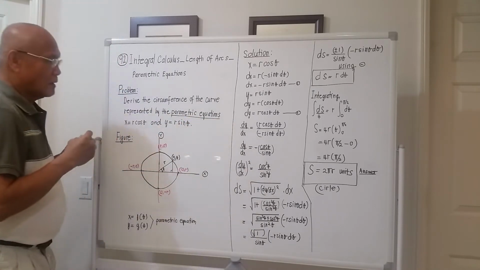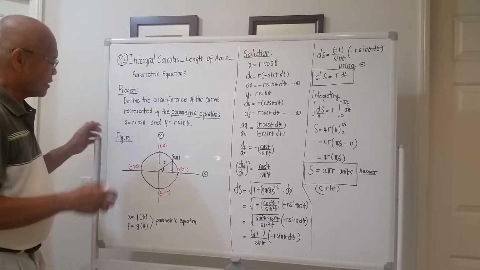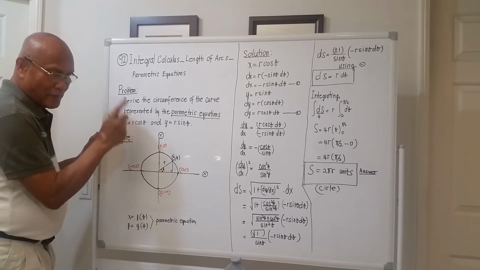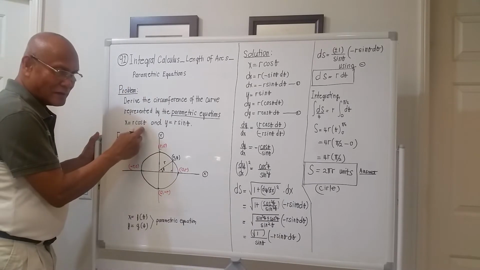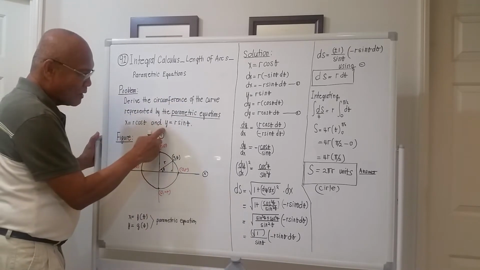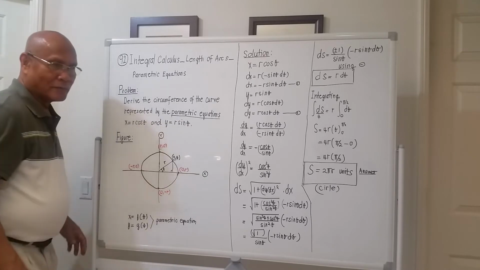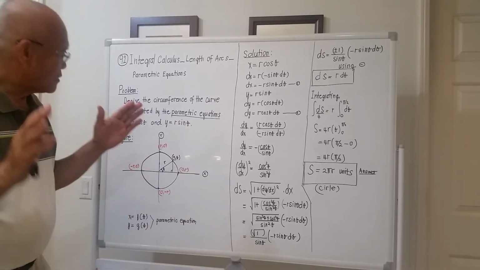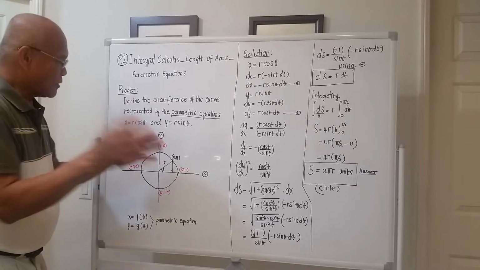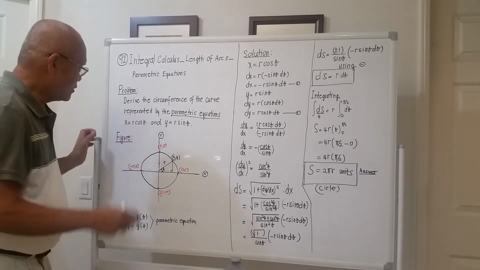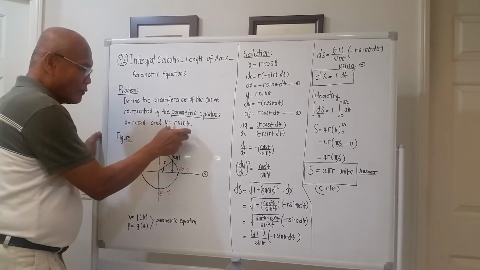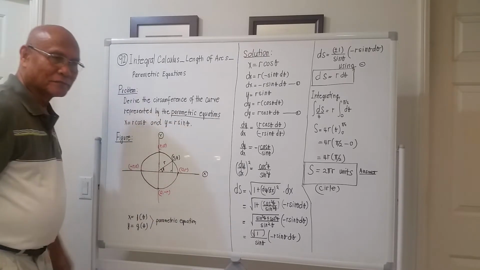Where the parametric equations are actually x equal to r cosine of theta, r represents radius, theta is angle theta, and the second equation is y equal to r sine of theta. The problem is asking for the circumference represented by the parametric equations x equal to r cosine of theta and y equal to r sine of theta.